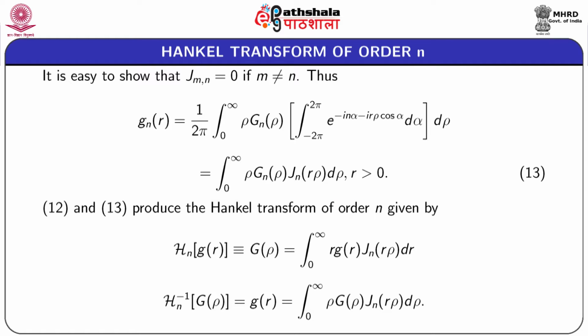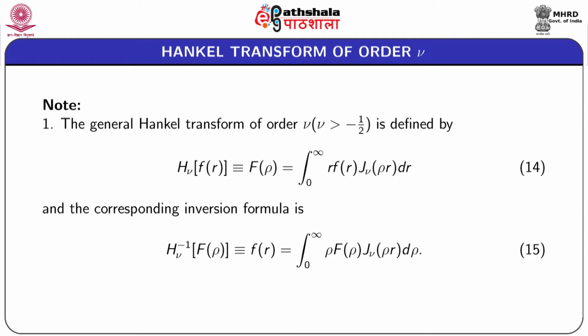Thus, equations 12 and 13 produce the Hankel transform of order n given by H_n[g(r)], which is denoted by G(rho), equal to integral from 0 to infinity r g(r) J_n(r rho) dr, and its inverse H_n inverse of G(rho) is g(r), which is equal to integral from 0 to infinity rho G(rho) J_n(r rho) d rho.